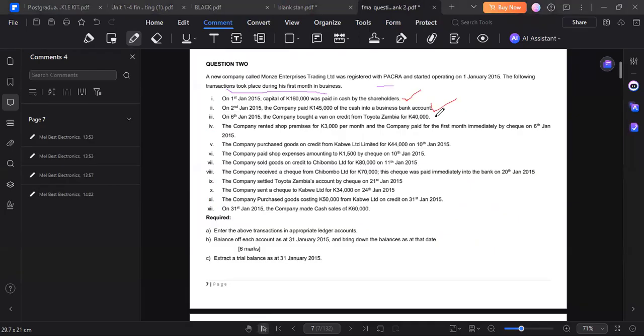That transaction was that the company rented the shop premises for 3,000 a month, and the company paid for the first month immediately by check on 6th. So shop premises.